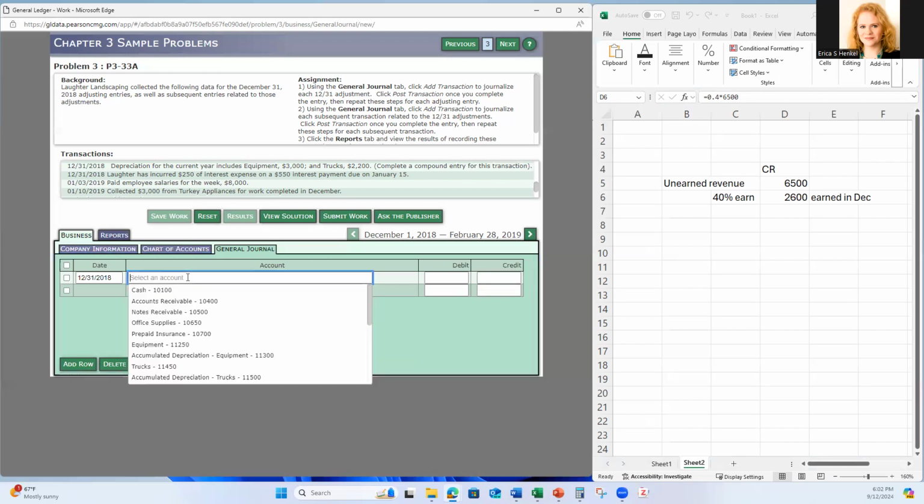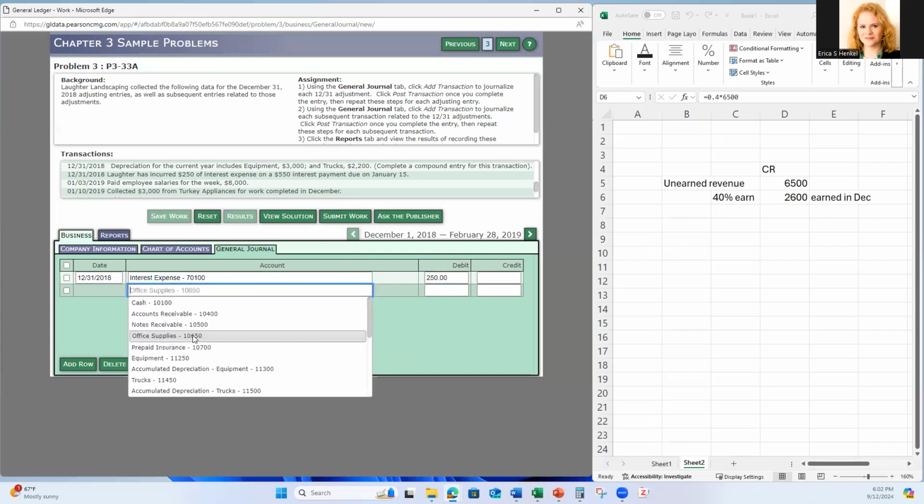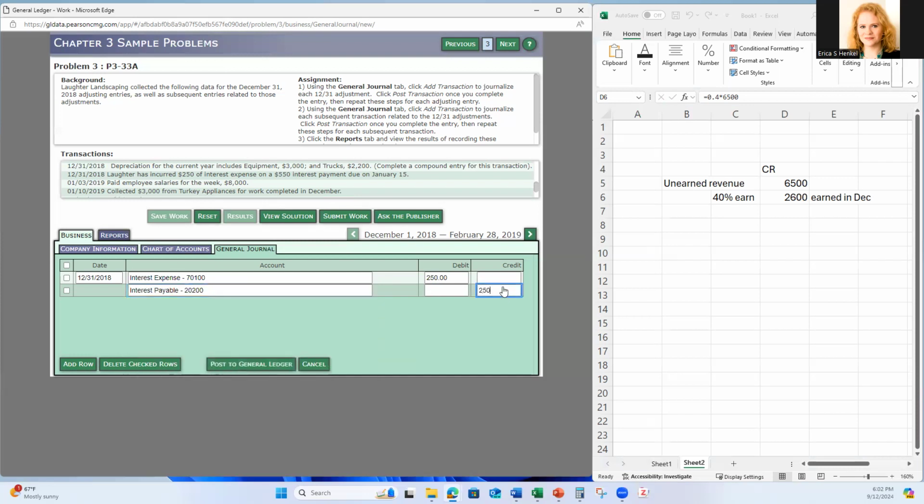So we're going to record interest expense for the $250 worth of interest that we incurred. And then we are going to credit interest payable for that same 250, which is a liability, to show that we owed that as of December 31st. And then we're going to go ahead and post that.